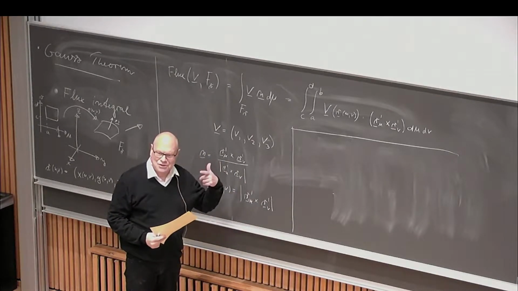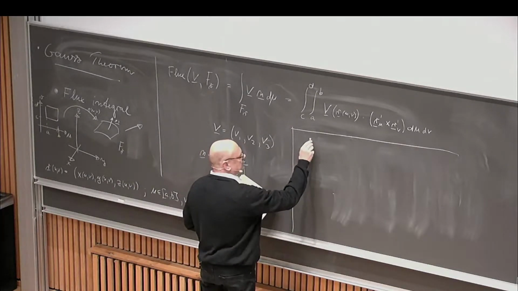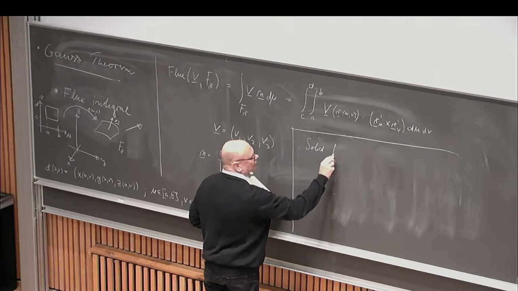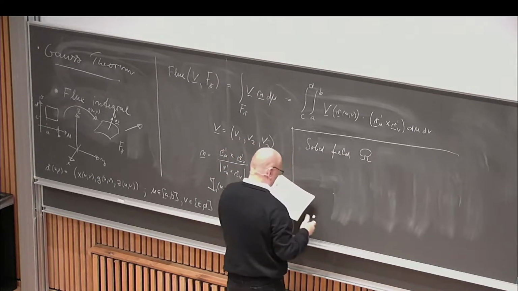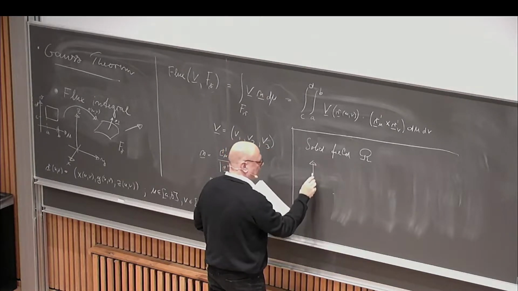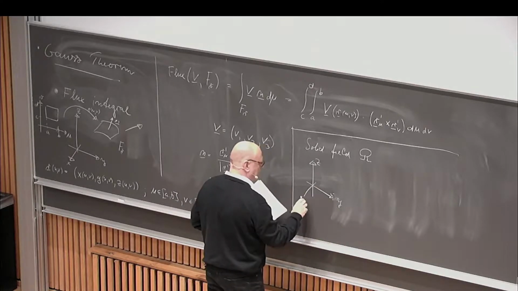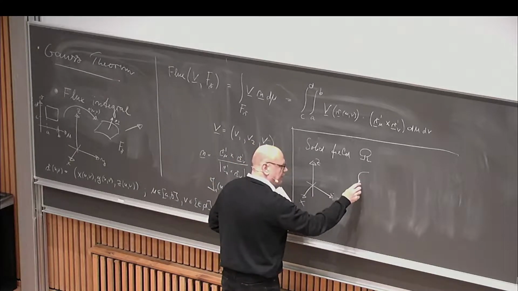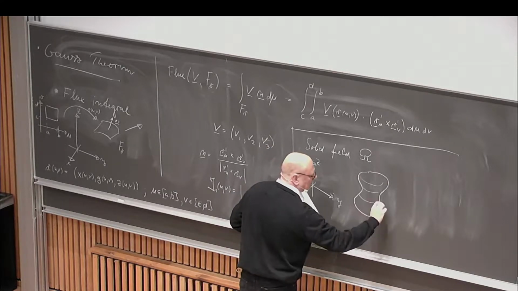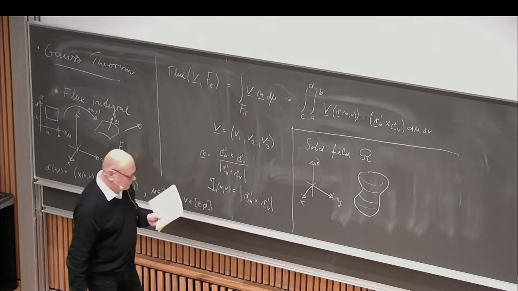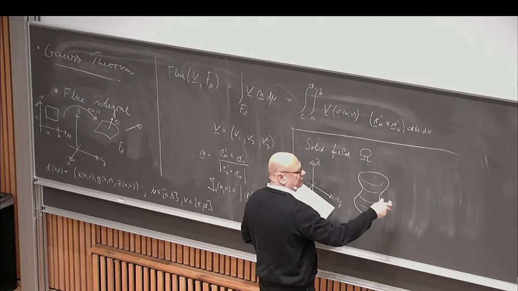Now, I'm going to give you Gauss' theorem. And we have a solid field omega. You have y here and x, and I simply just draw it like this. But it's a solid field and it has a boundary.